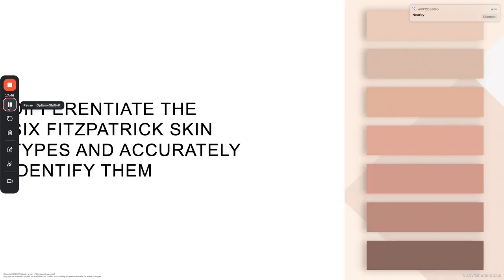Okay, guys, so we have objective number 3, which is to identify or differentiate the 6 Fitzpatrick skin types and accurately identify them. In terms of the Fitzpatrick scale, it was developed by Dr. Thomas Fitzpatrick.